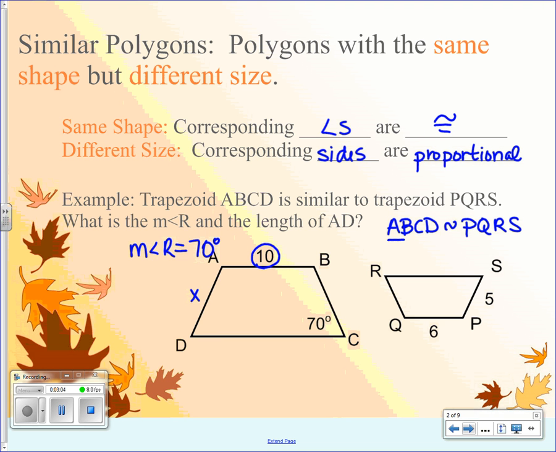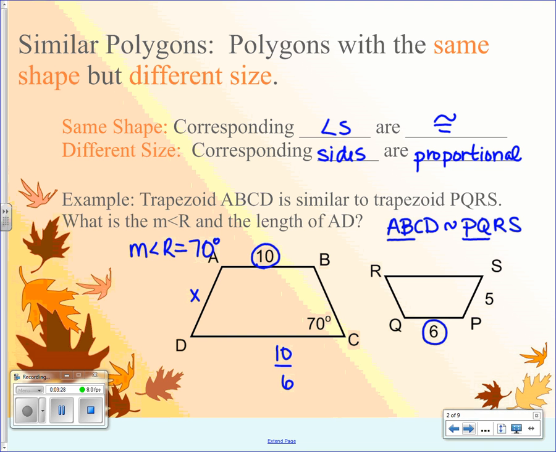So if AB is the first two letters in our similarity statement, then it corresponds to PQ. And PQ has a length of 6. Well, from that, we know that our proportion of our large figure to our small figure is 10 over 6.